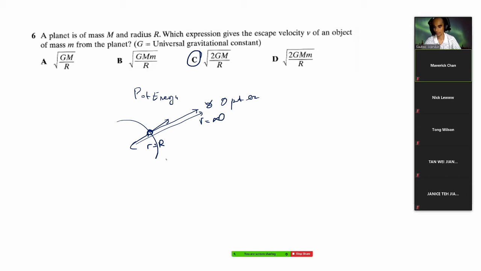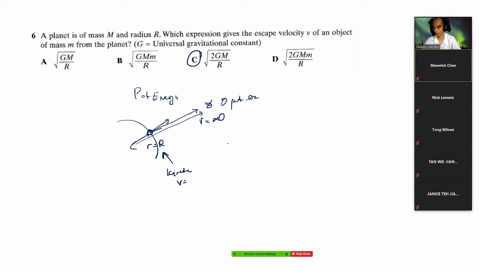And at this point, when we release, we need a kinetic energy, right? Kinetic energy to release with a certain velocity to shoot this object very far away, where R equals infinity.